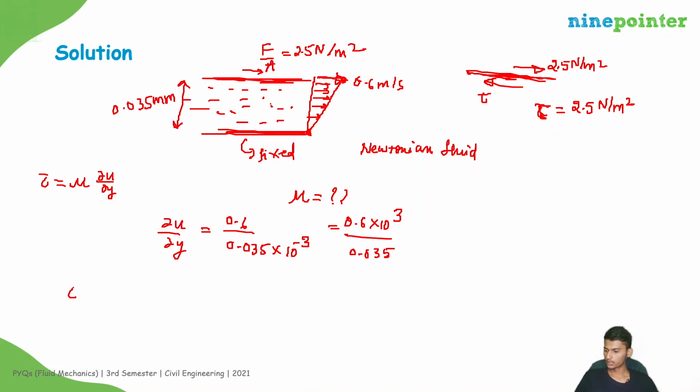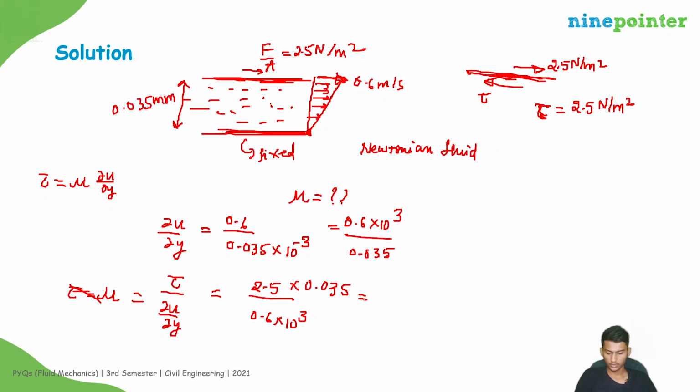So tau equals mu into dou u by dou y, so mu equals tau divided by dou u by dou y. The shear stress is 2.5, divided by 0.6 into 10 cube, into 0.035. Let us calculate the value: 2.5 into 0.035 divided by 0.6.